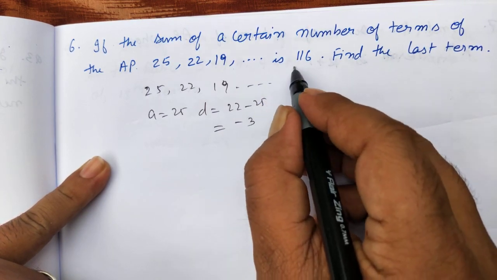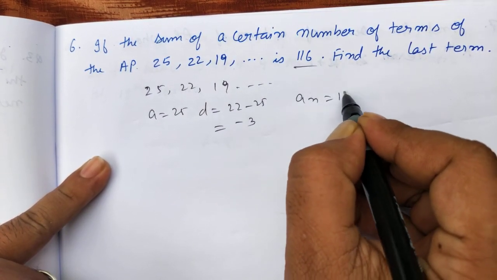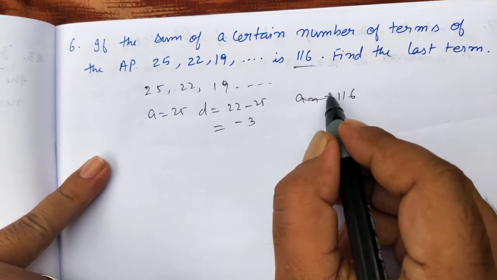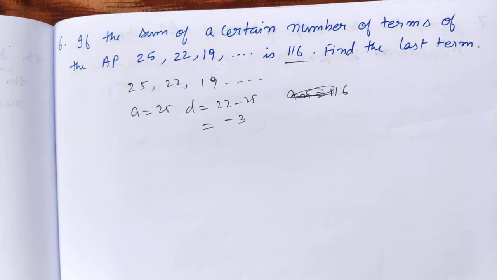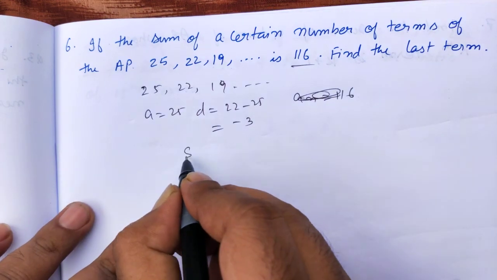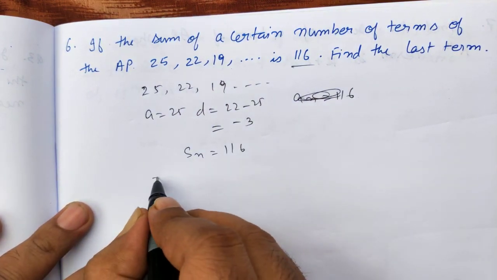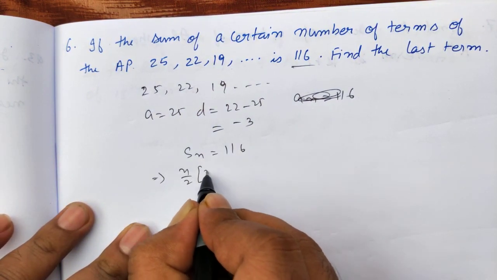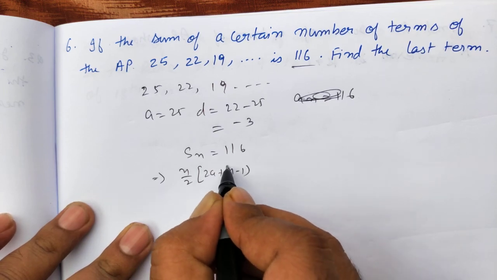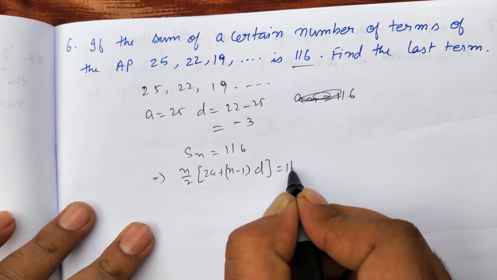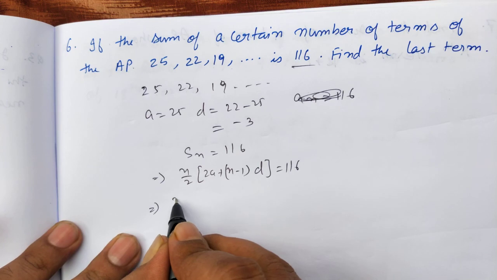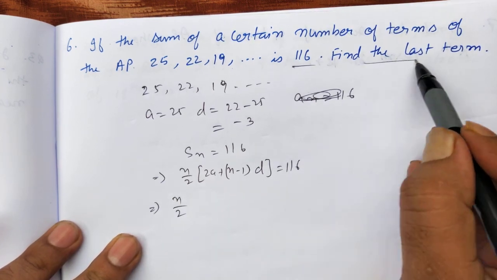Oh, sorry, the sum is given, so Sn is 116. Use the formula on the left side. We don't know n; we're going to find it, then only we can find the last term.